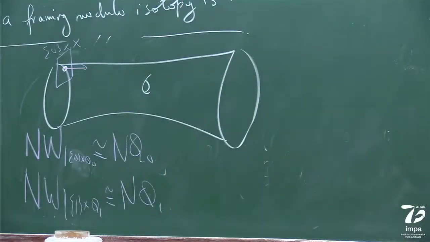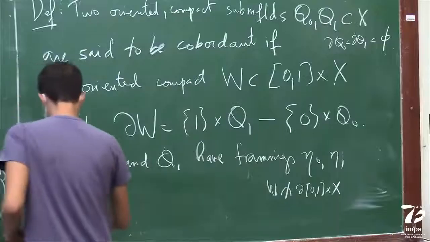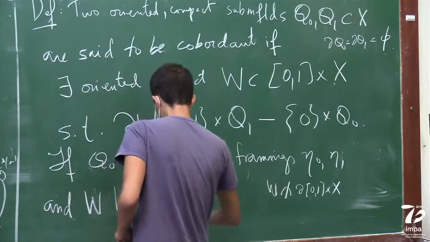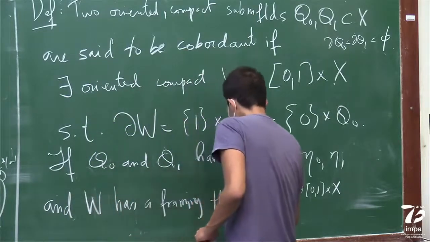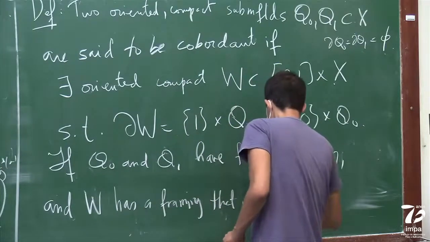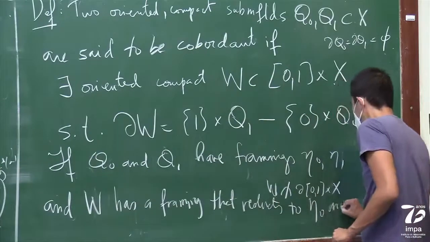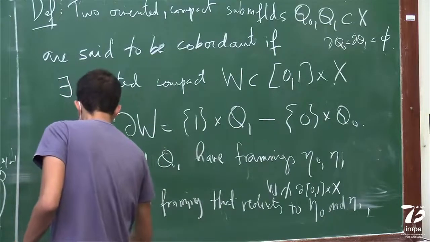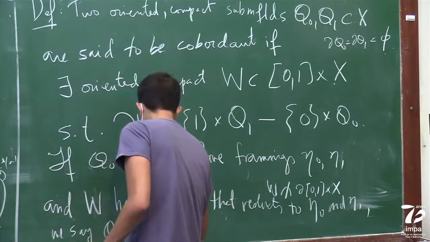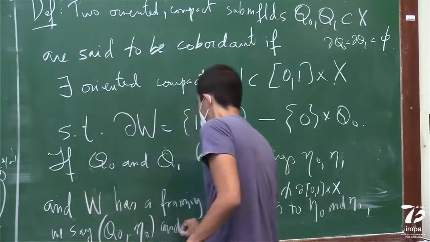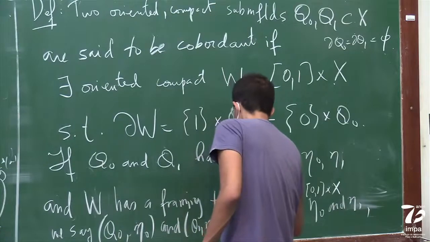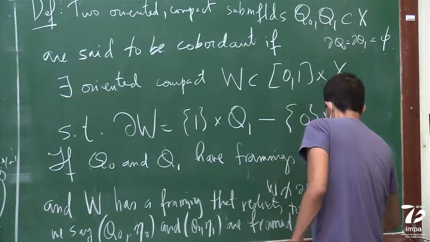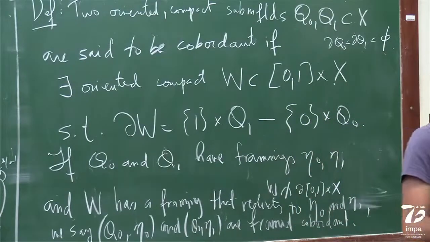So if Q0 and Q1 have framings, and W has a framing that restricts to eta 0 and eta 1, we say that Q0 with eta 0 and Q1 with eta 1 are framed cobordant. Okay?